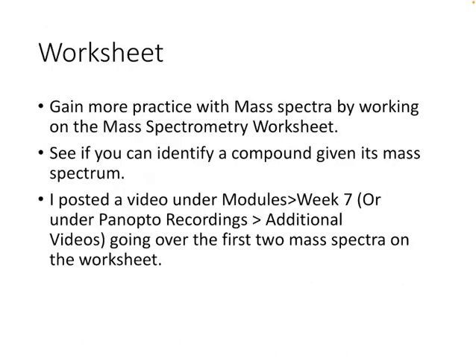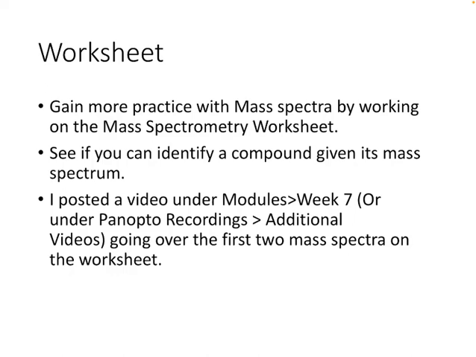All right, so on Canvas, I posted a worksheet so that you can gain more practice with mass spectra and see if you can identify a compound given its mass spectrum.